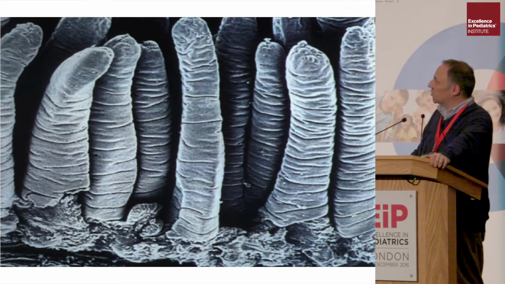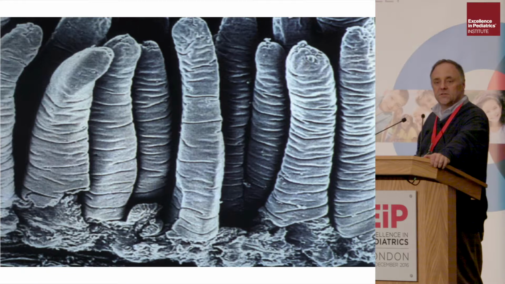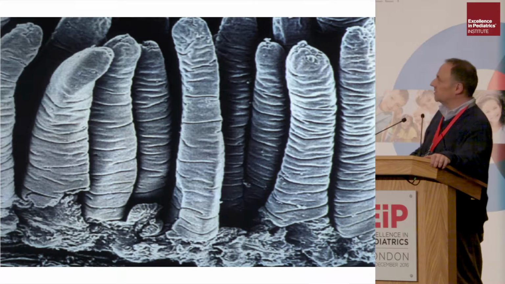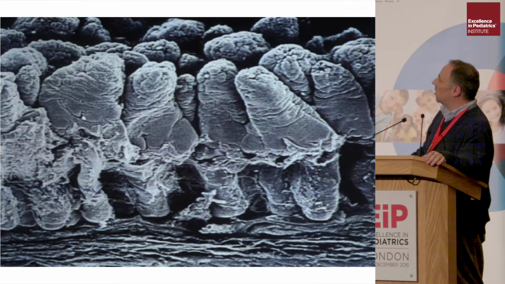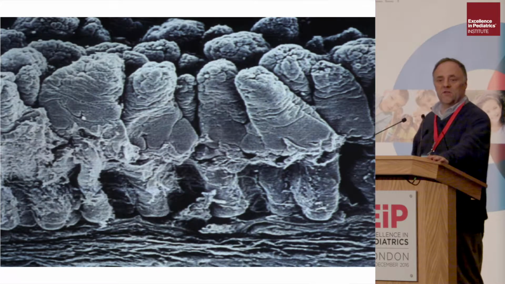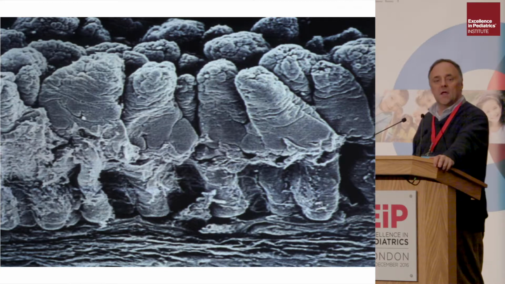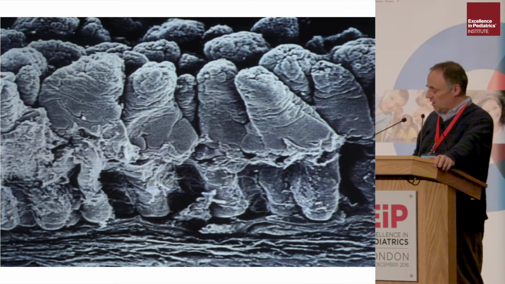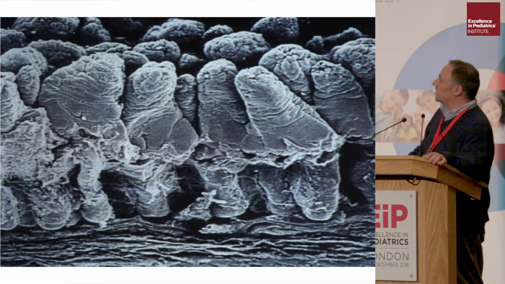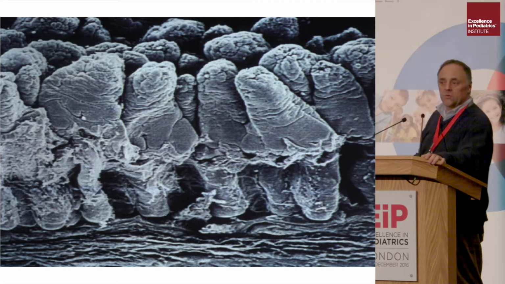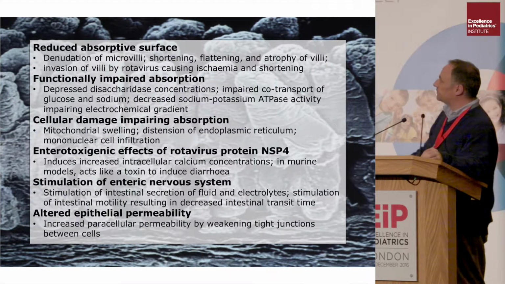The reason why rotaviruses can do their nasty work is because they destroy the villi that line the surfaces in the gastrointestinal tract. So the big columns of cells are destroyed, and when they are destroyed, they become a lot smaller, they become stunted, and of course that leads to a smaller surface and a smaller possibility to absorb nutrients and water.